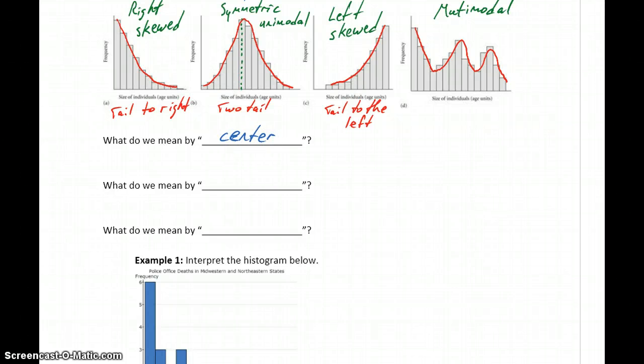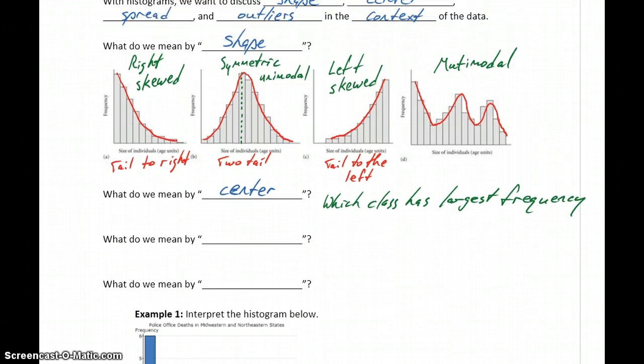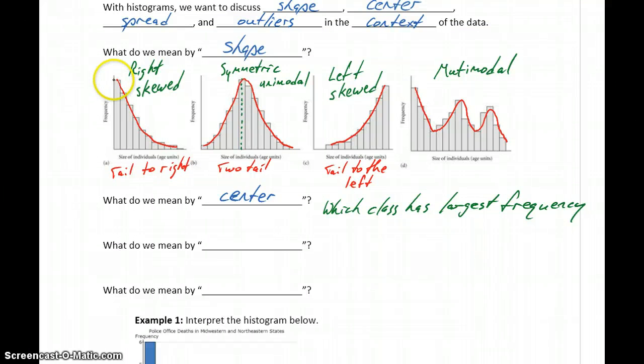When we talk about center, we're talking about which class has the largest frequency. Now, there might be more than one class that has that largest frequency or a large frequency. In each of these cases, the first three, there is one class that clearly has the largest frequency.